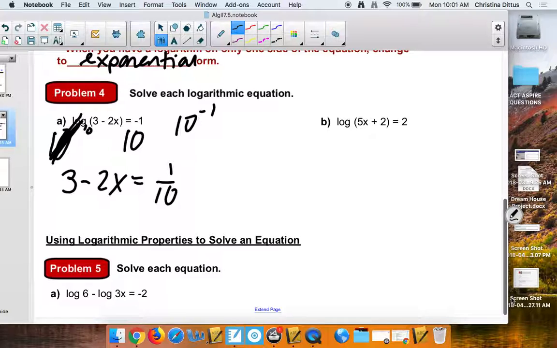How do I get the x by itself? Subtract 3. So negative 2x equals, this is the same as 0.1, right? If I subtract 3 from that, what do I get? Negative 2.9. Then I divide by negative 2, and x equals 1.45.